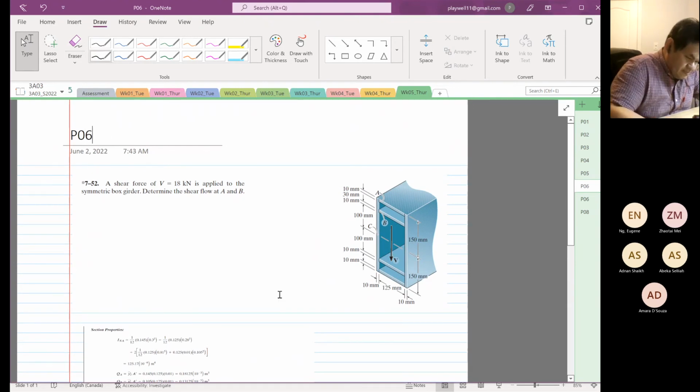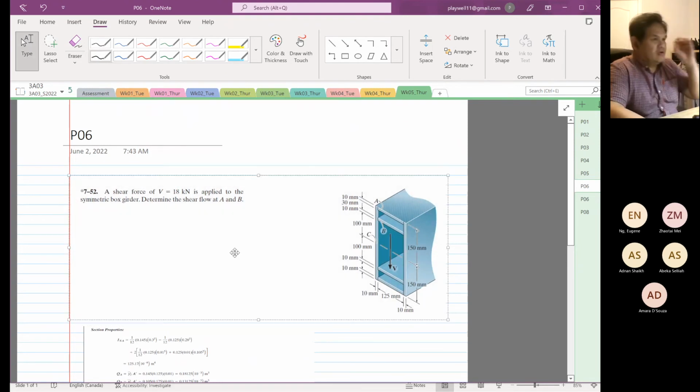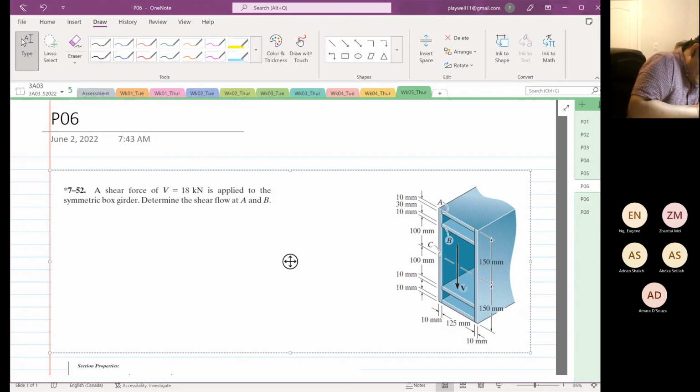And why acquiring the first moment of area is very important. Example number 3.